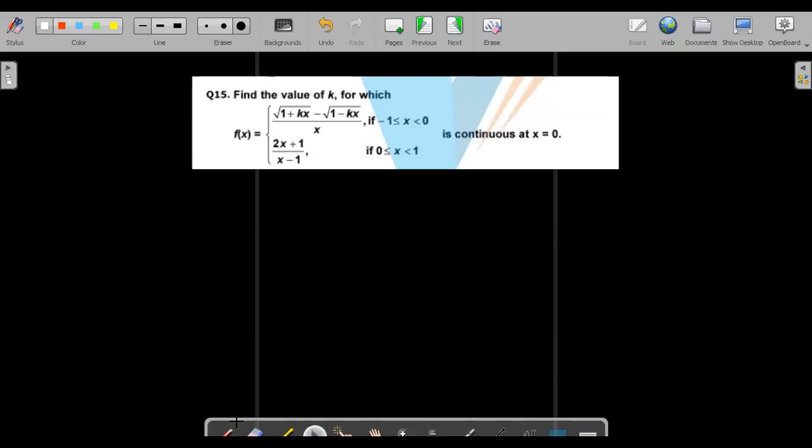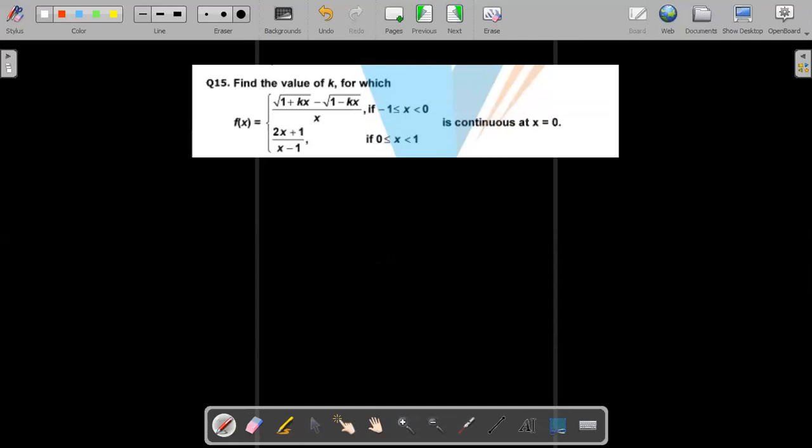Okay. So LHL we will achieve from here, and the value of the function we will also achieve from here.